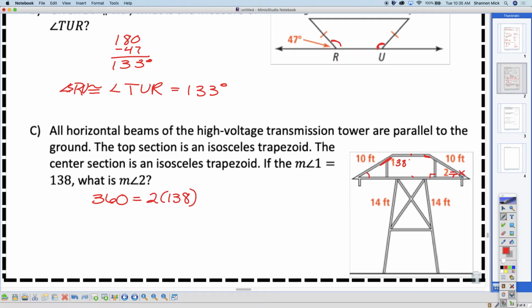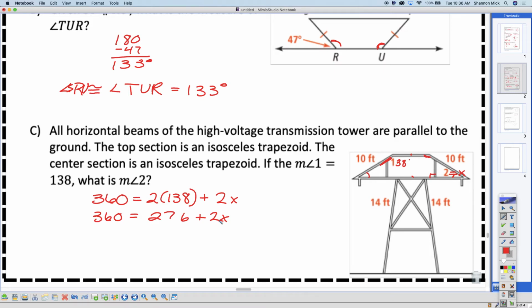So how many x's do I have? 2. Do I have an algebra problem that I can solve? Yep, you can add all like terms. Well, I'd have to multiply first, right? So 360 equals 276 plus 2x. Then what? Subtract.